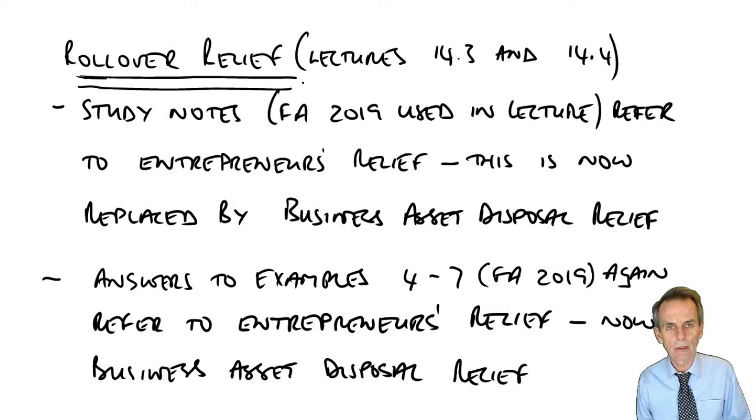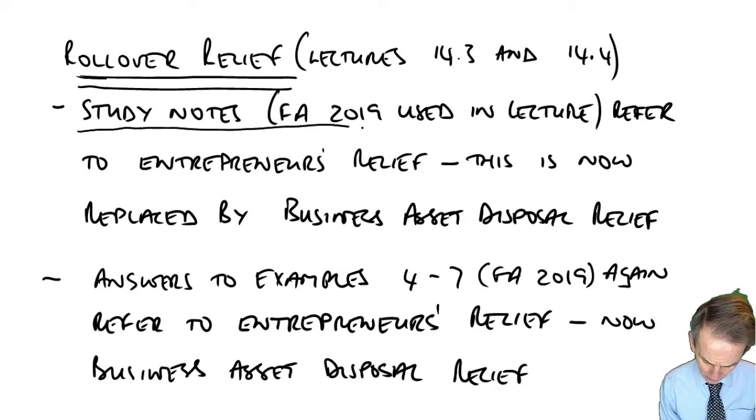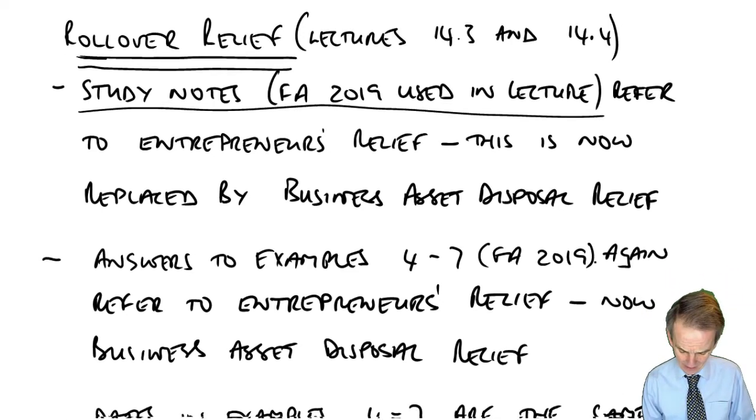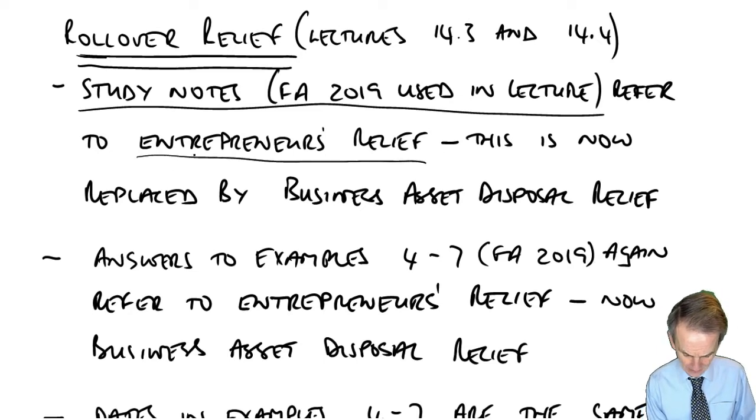The lectures that we're going to use are the lectures from FA 2019. Now, the only differences that we need to be aware of when you look through and you watch these lectures, you will again do it in conjunction with your Finance Act 2020, your current material, is that in the lecture, as we see here, we use the study notes, which of course are the Finance Act 2019 notes there, and they refer to entrepreneurs relief.